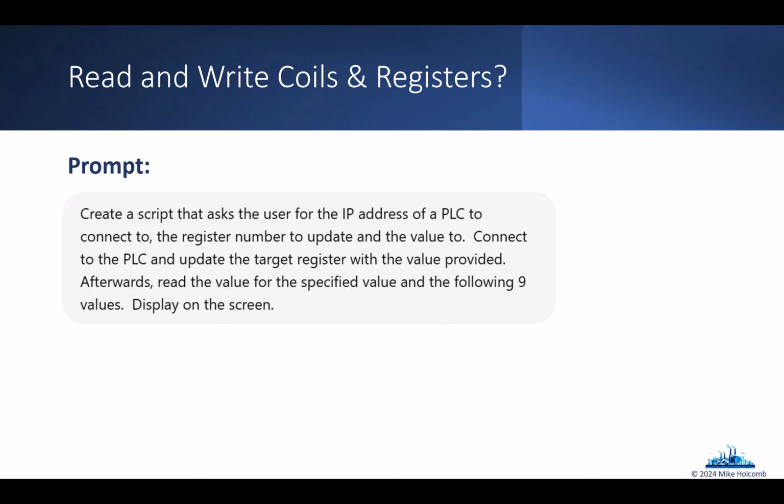So what if you can manipulate things like the temperature set point that was in the PLC? Or what if you could turn the thermostat just off? Think of the things that we can start to control and manipulate, going back to when we talked about those coils and registers earlier.